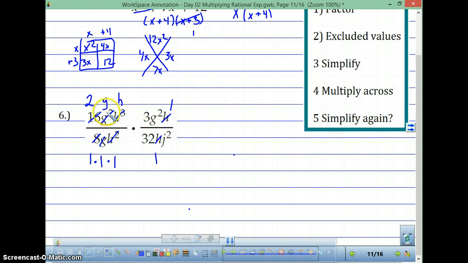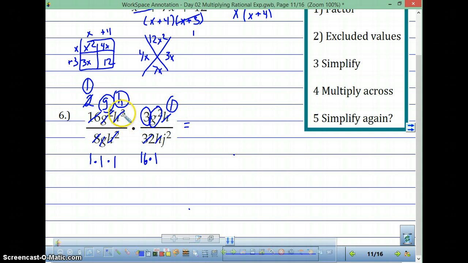All right, let's try cross-canceling. The 2 goes into 32. So that 2 becomes a 1. 2 into 32 is 16. So I've got 16 times 1 down here. The g, h, and j squared do not simplify, and nothing simplifies this way. Cross cancels. So on the top, we've got 1 times g times h times 3 times g squared times 1.